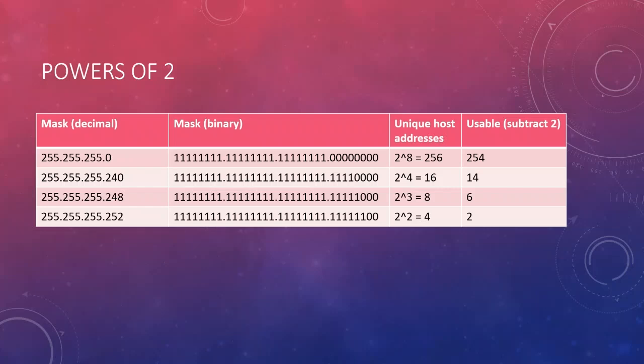The way to figure that out is 2 to the n, where n is the number of binary digits. So in this case, 2 to the 8th is 256. That almost means I can have 256 unique host addresses on a network configured with this mask, but I always have to subtract 2.